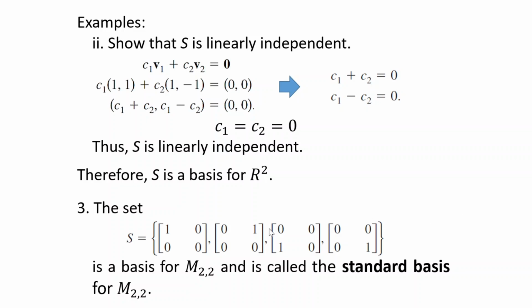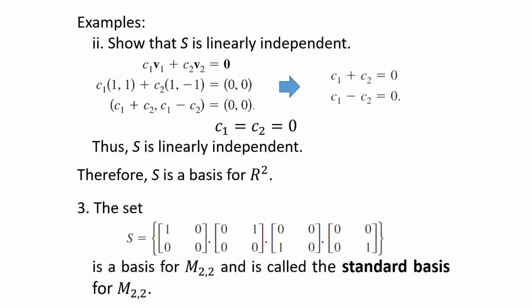Observe that the basis S contains 4 distinct 2 by 2 matrices with a single entry 1 and all other entries 0. So this is the basis for M sub 22. You can show in a similar manner as in the previous examples that S spans M sub 22 and S is linearly independent.